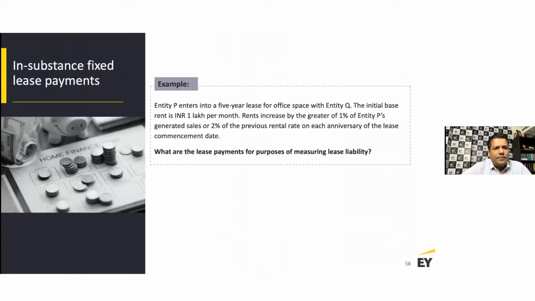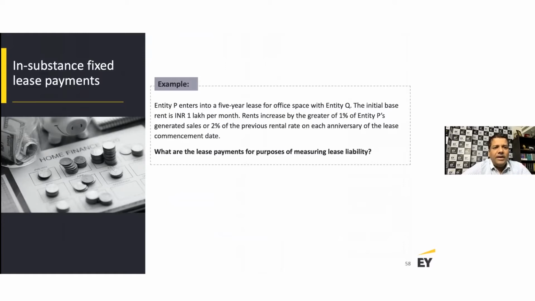So entity P enters into a 5-year lease for office space with entity Q. The initial base rent is INR 1 lakh per month. Rents increase by the greater of 1% of entity P generated sales or 2% of the previous rental rate on each anniversary of the lease commencement date, right?